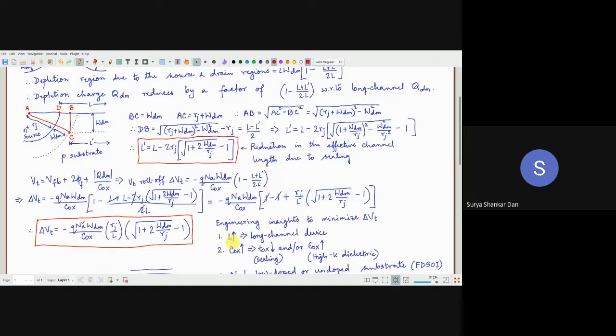First of all, you can think about increasing the channel length. But again, this is a very foolish thing to do. If you are increasing the channel length, that is a long channel device, excellent. There will be no question of VT roll-off. VT roll-off is the problem of short channel effect. So if you are thinking about a long channel device, clearly there will be no VT roll-off.